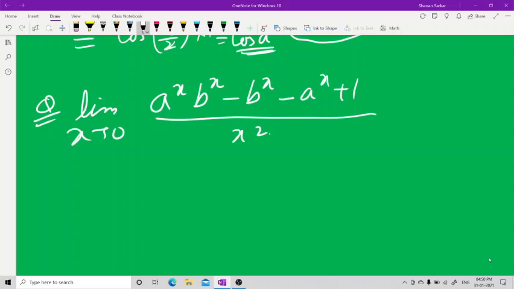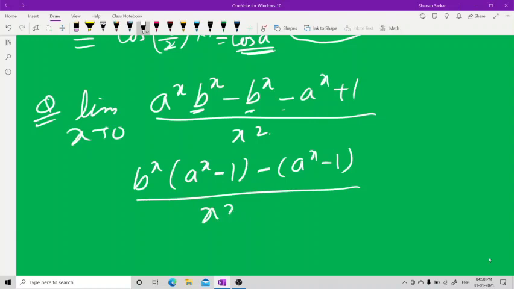Now do one thing. Take b to the power of x common here, this and this. You have a to the power of x minus 1, you take minus common, you have (a to the power of x minus 1) upon x square, limit x tends to 0. Now you can factorize this.